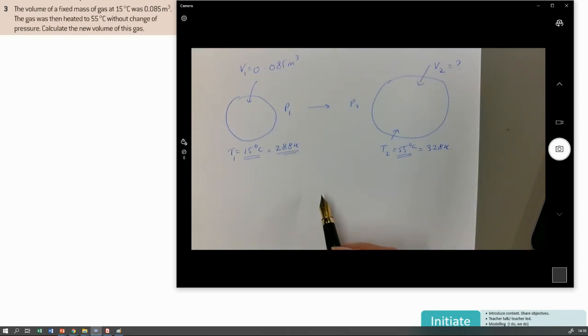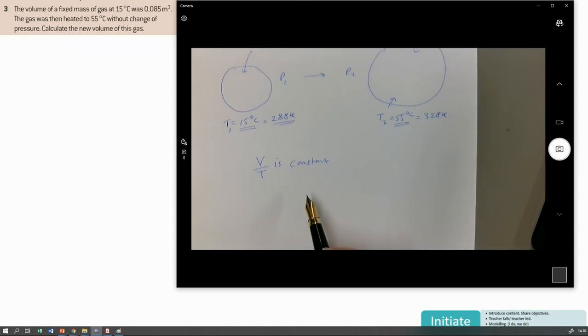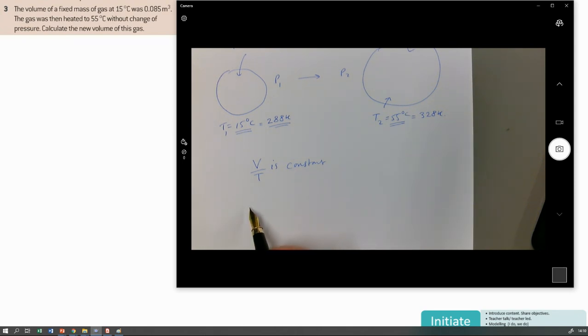Right, move on then. What is our relationship? Charles's law says that V over T is constant if we have a constant pressure, which we have. So mathematically we can say V1 over T1 equals V2 over T2. What we're looking for is V2.